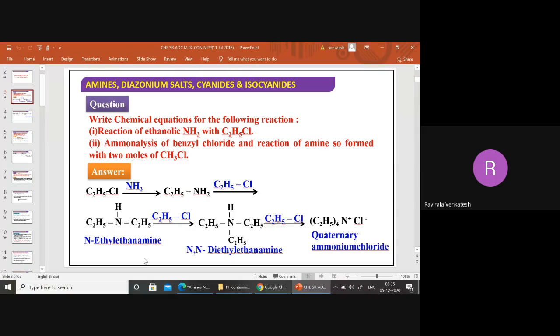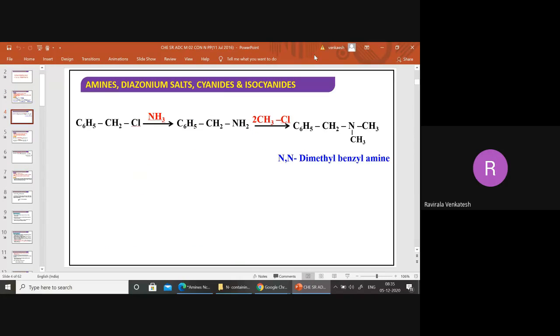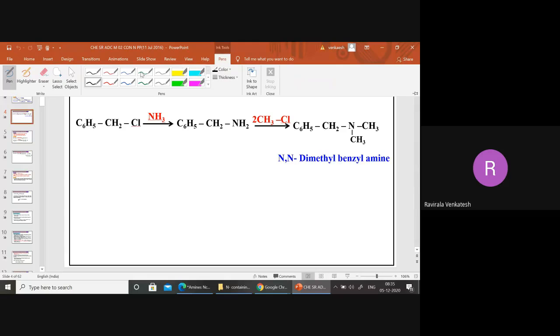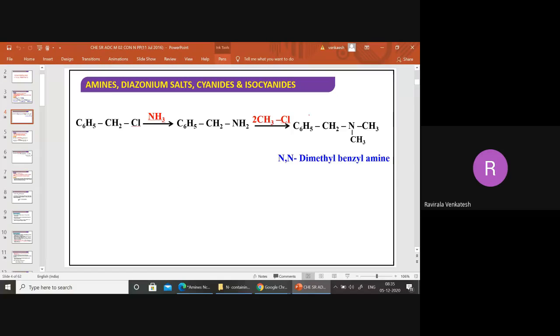I want this compound, N-ethyl-N-methylbenzylamine.